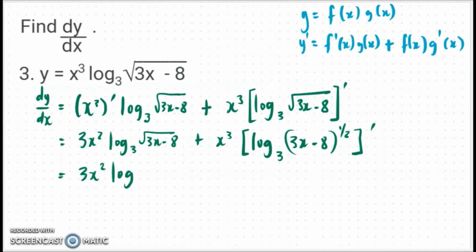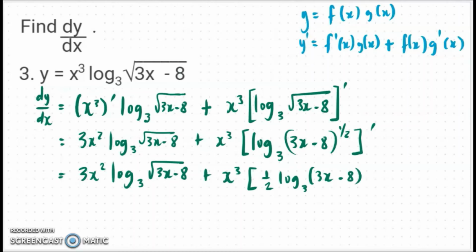So 3x squared log square root of 3x minus 8 base 3 plus x cubed. And now transforming this, we have 1/2 log 3x minus 8 base 3 prime. So there. So it will be easier to differentiate. So we have 3x squared and then log square root of 3x minus 8 base 3 plus x cubed.